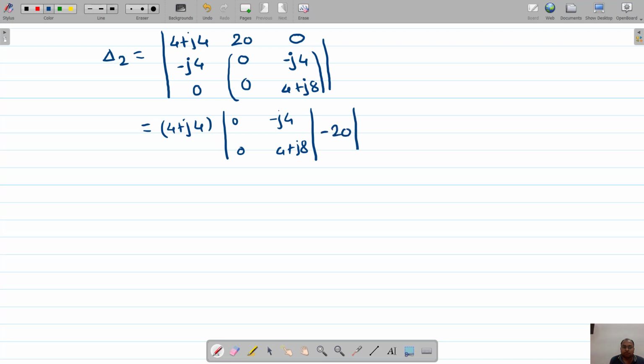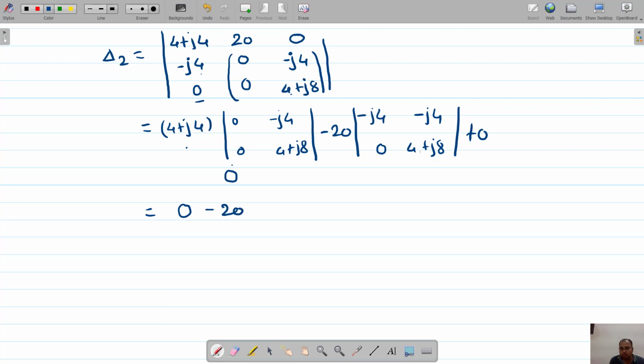For minus 20, again this 0 is there, so multiplication of this and this will result in 0. Let us write it again properly: 4 plus j8, and the last term itself is a 0, so no need to write it. So this first term is going to result in 0, and anything multiplied with 0 becomes 0, right? Minus 20.